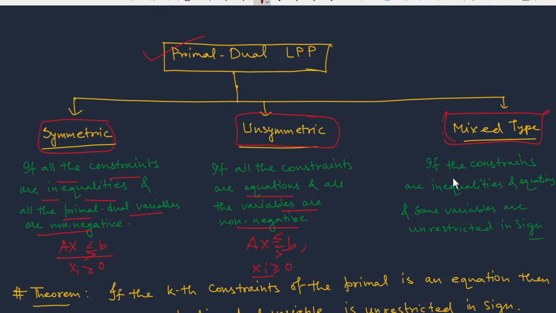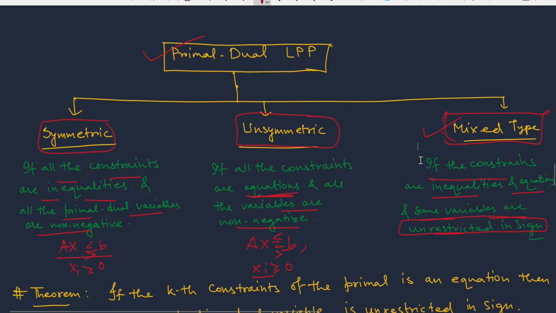And the mixed type, what? In the third case, if the constraints are inequalities and equations and some variables are unrestricted in sign, here the term unrestricted in sign is added in the mixed type of primal dual problem, okay.